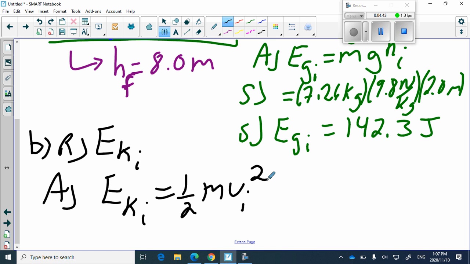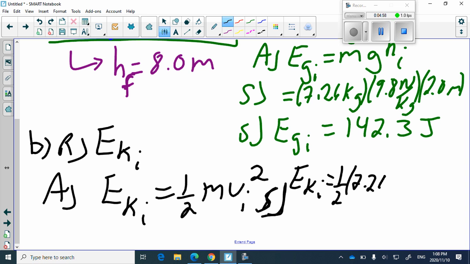So now we're going to substitute. And we have kinetic energy initial equals a half times the mass of 7.26 kilograms, and the speed as it left the hand was 15.0 meters per second, and we square it.